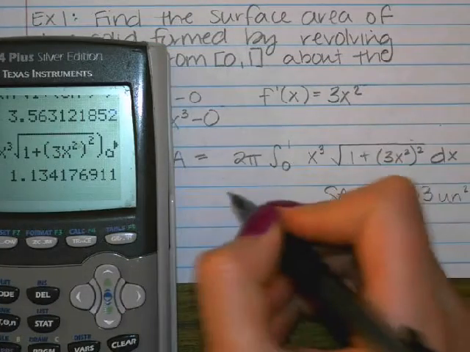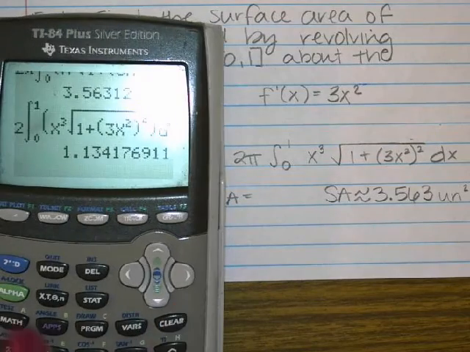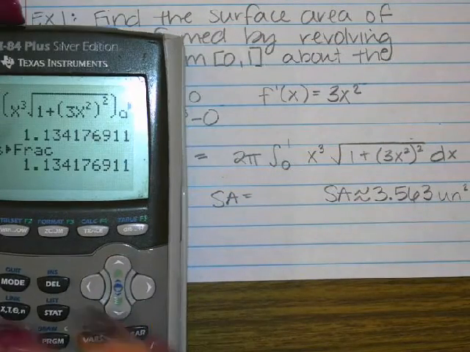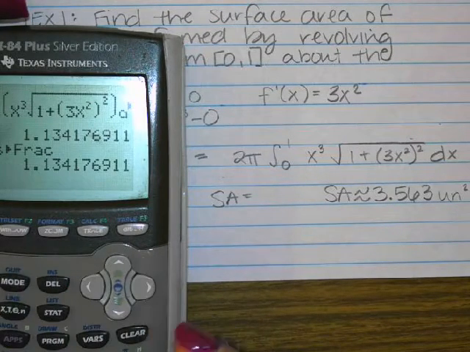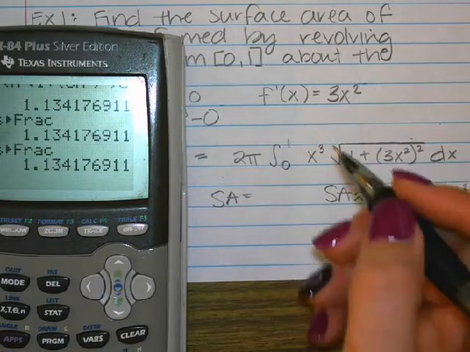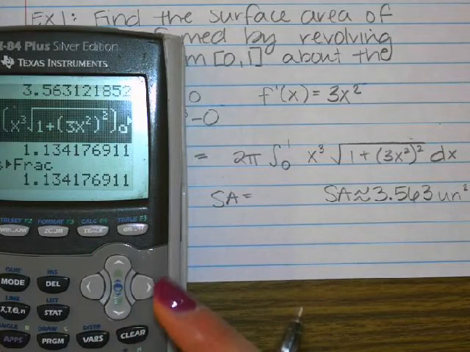So if I want this to be exact, I got that decimal now. I'm going to turn that into a fraction. Oh, that should have worked. I did it earlier when I was getting my notes ready.